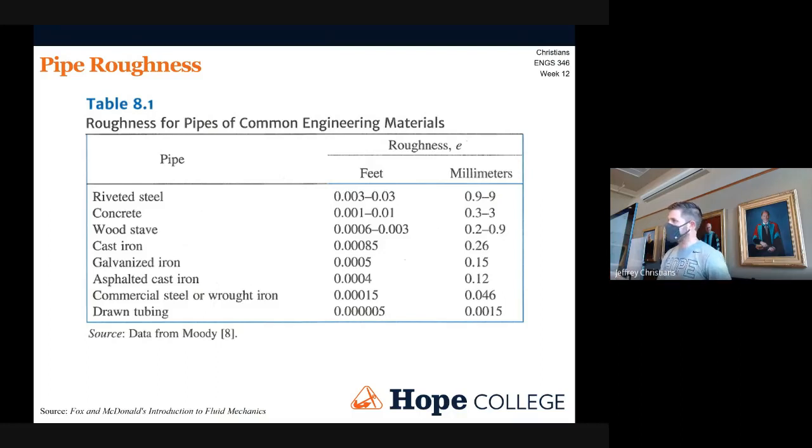When you're calculating the relative roughness, you have to make sure the units match. You can see here some values in both millimeters and feet. So if you're going to calculate it, use millimeters for the roughness and millimeters for the diameter, or feet for the roughness and feet for the diameter, so that you get a unitless relative roughness.